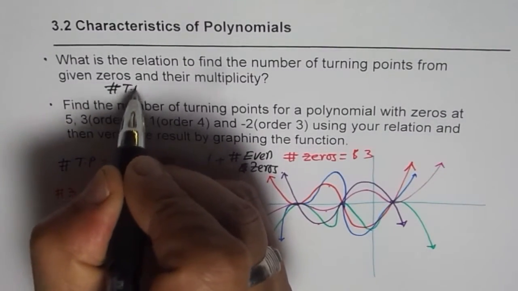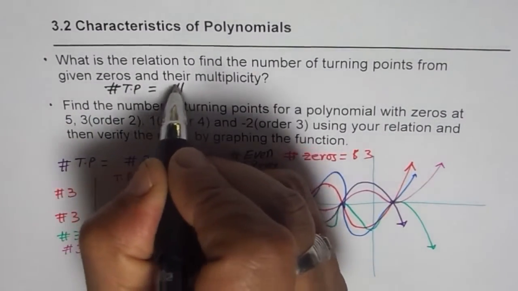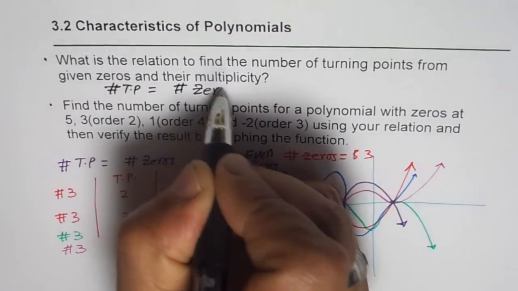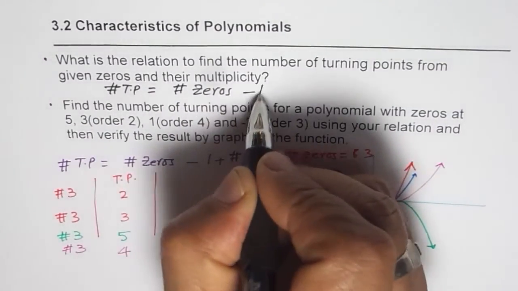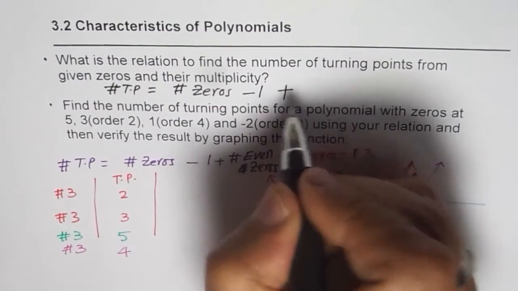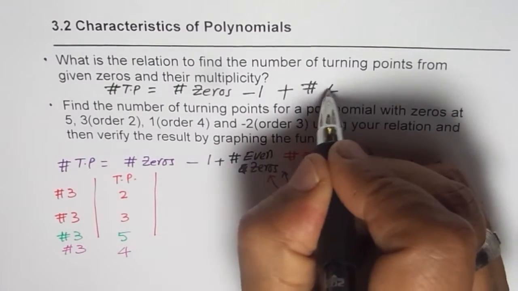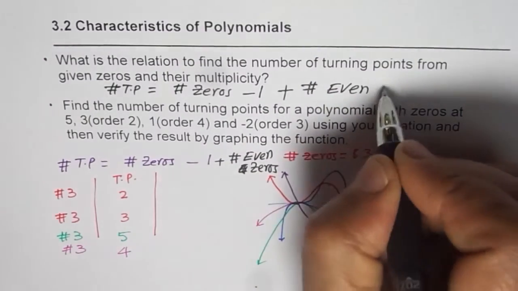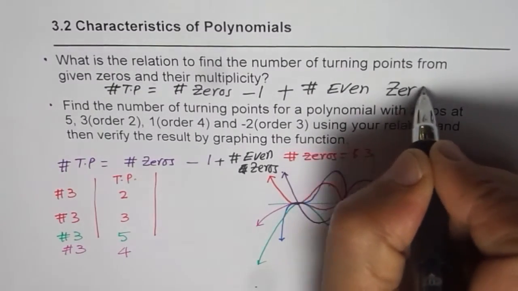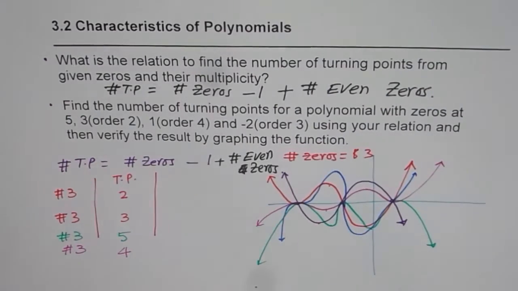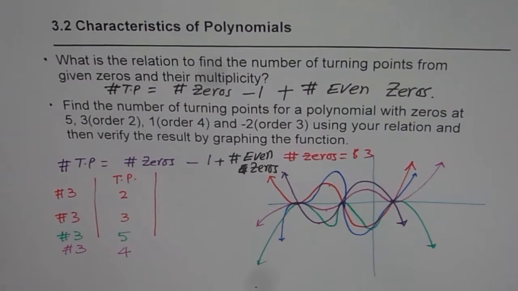Number of turning points is equal to number of zeros minus 1 plus number of even zeros. That is the relation between turning points and zeros. Whenever we say zeros, we should know what type of zero. What is its order or multiplicity, right?